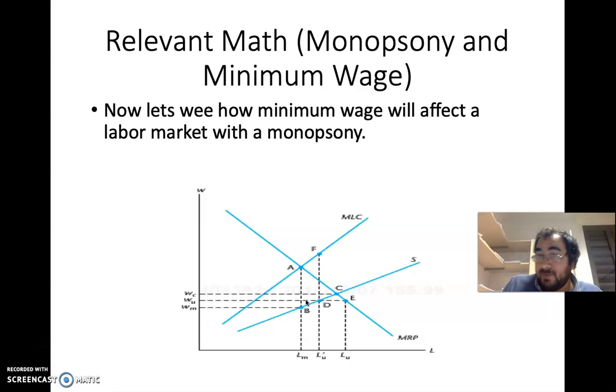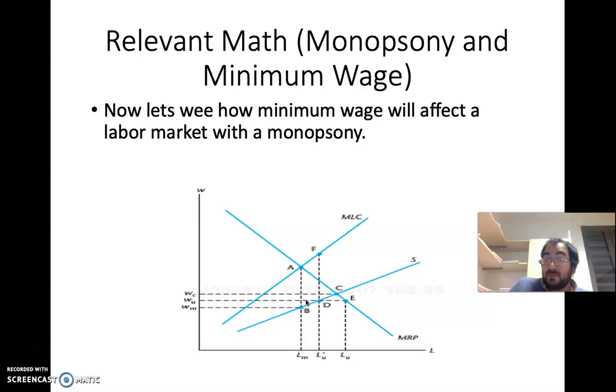And when we hire one more worker, since we still need to pay WU to all of our labor force anyway, adding this additional worker doesn't cost us a raise for all of our remaining labor force. So minimum wage stripped from us the ability to hire workers for a smaller wage when we are a monopsony.